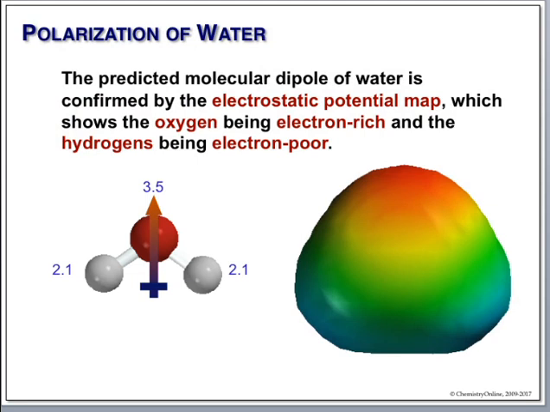This is the electrostatic potential map. Blue stands for the absence of electrons, red for an abundance. So we have a positive end and a negative end.